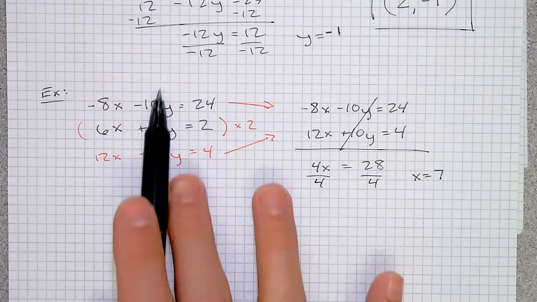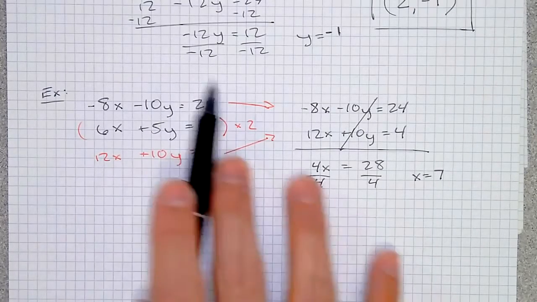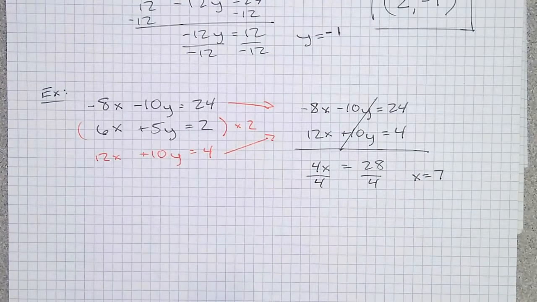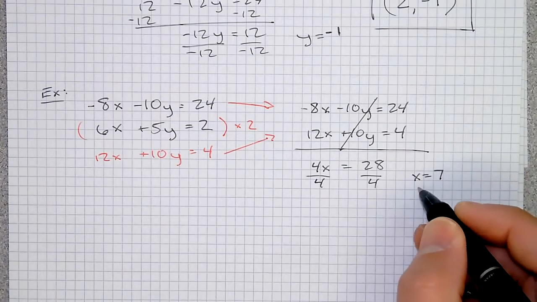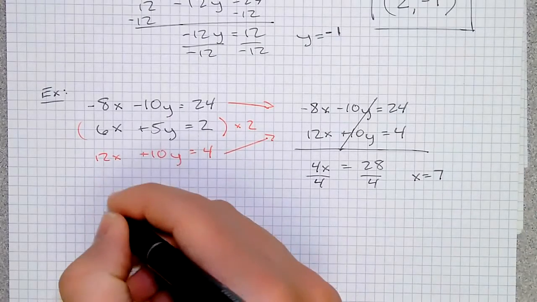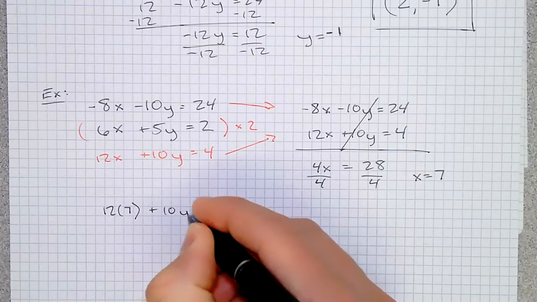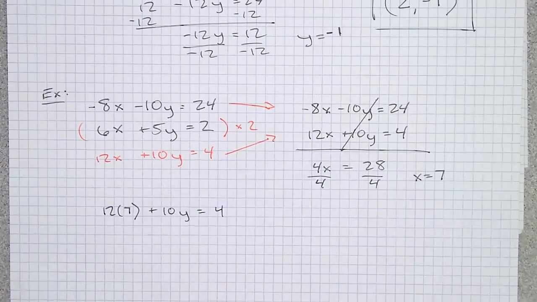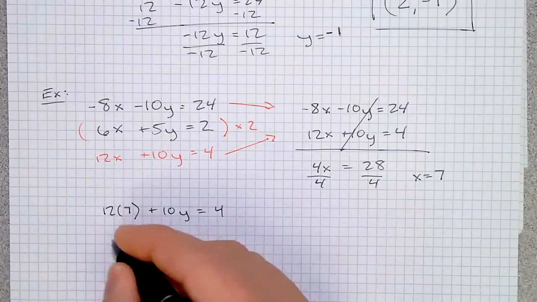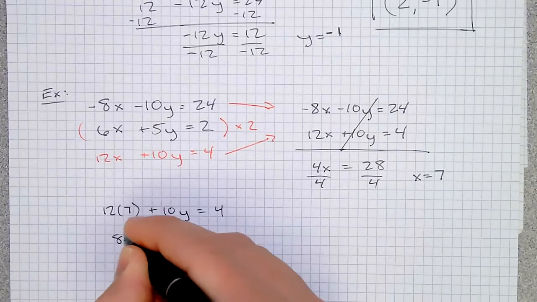Again, you can plug it into any one of these three equations now. Doesn't matter really which one. I'm going to plug it into the bottom one because it looks the most complicated. 12 times 7 plus 10y equals 4. 12 times 7, I believe, is 84.